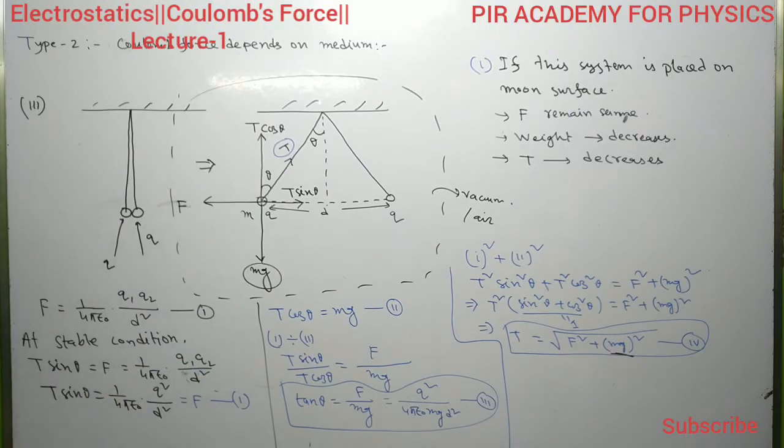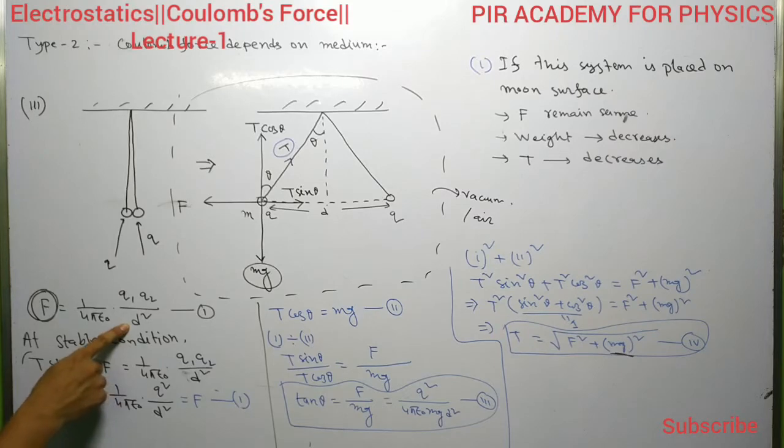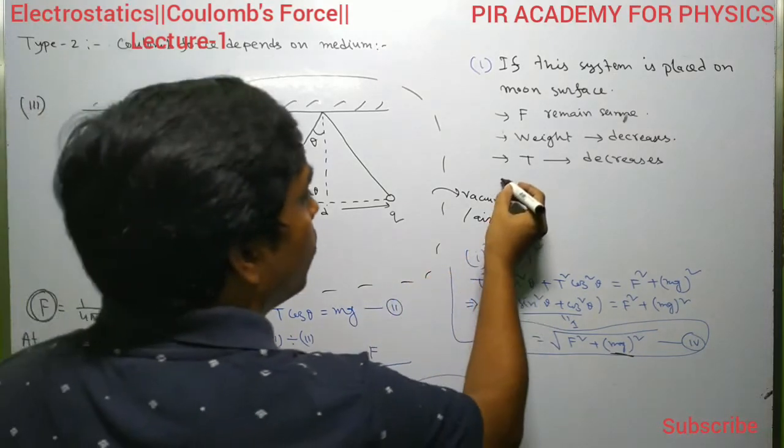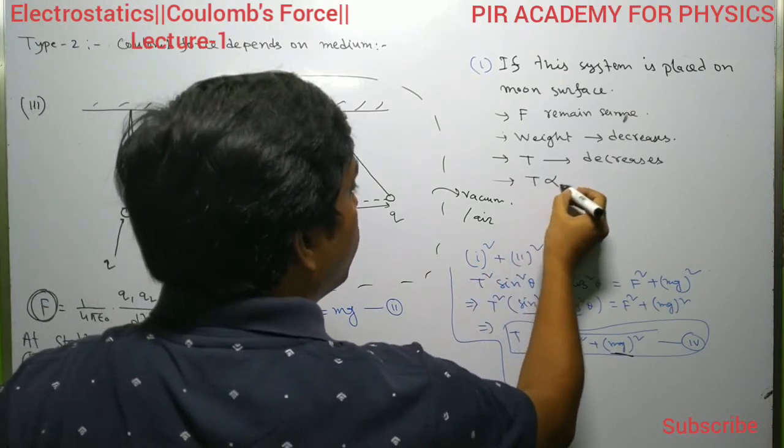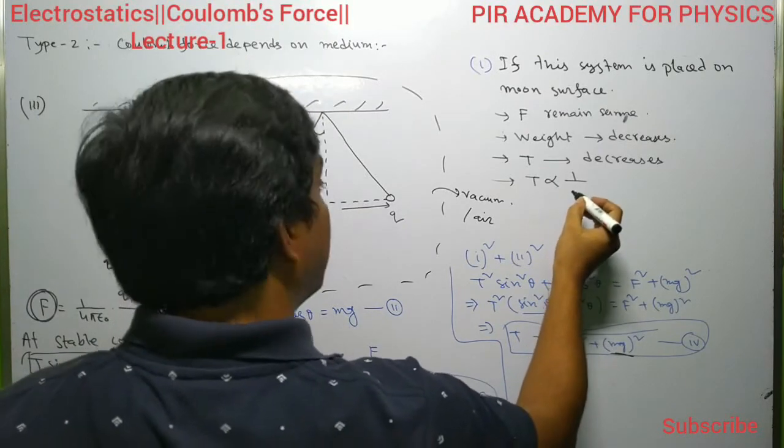If T is decreasing, then using this formula, it is the tension that is decreasing, not F. If tension is decreasing, then using this formula, T is proportional to 1 by d square.